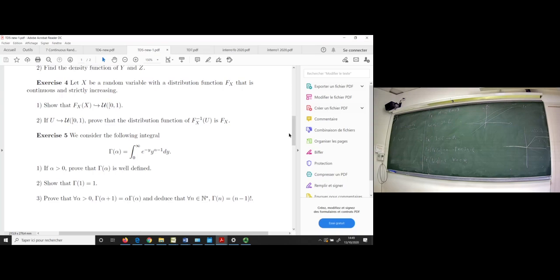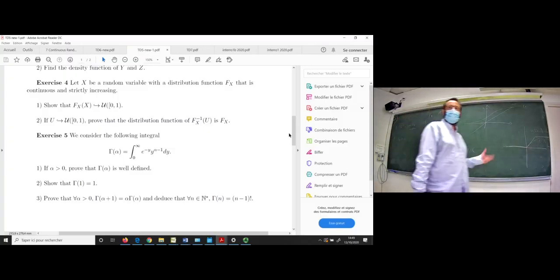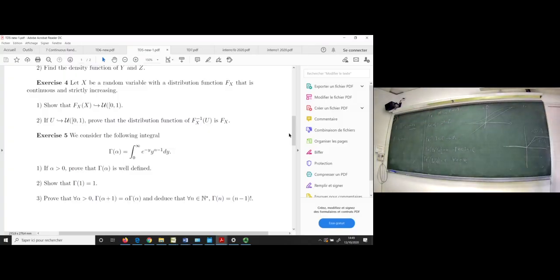When I do the composition, I just have to be careful about the set of definition. When I take into account the set of definition, the composition of a mapping and its inverse gives the identity. So if I know this, I have all I need to do this little exercise. Keep in mind that continuous plus strictly monotonic implies bijective in the case of mappings.